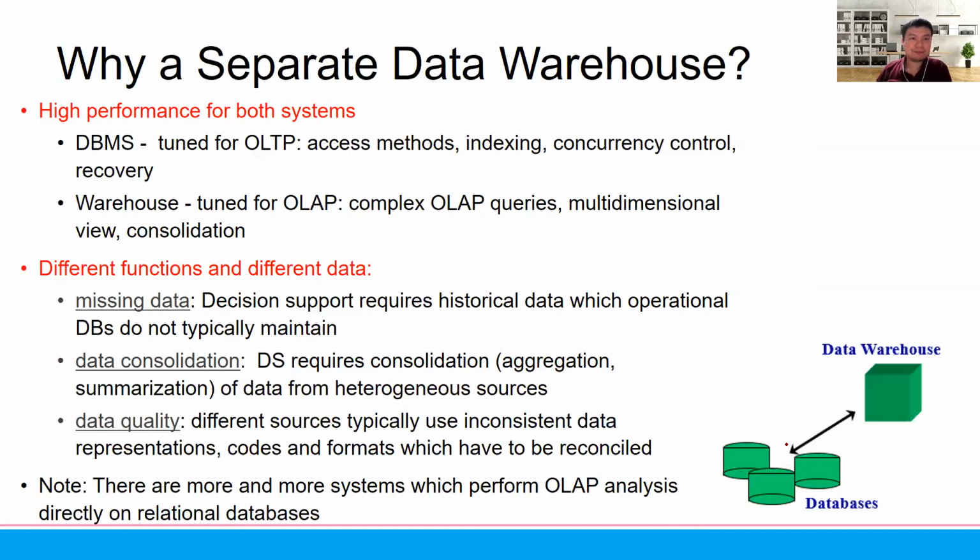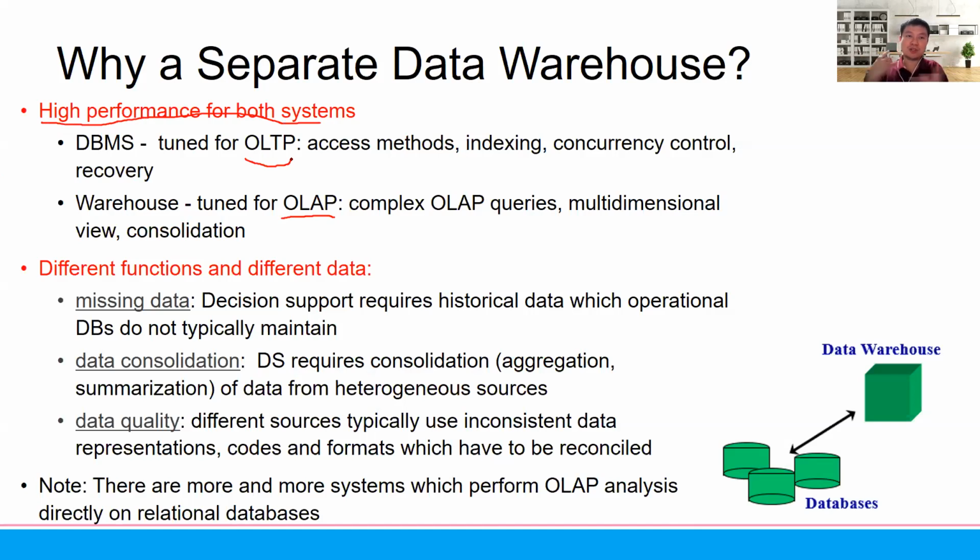So now, the question is why we need to have a separate database. The separate database is necessary for high performance. Let's say the data warehouse is related with the OLAP, and the DBMS is related with the OLTP. If you combine those, it doesn't match.